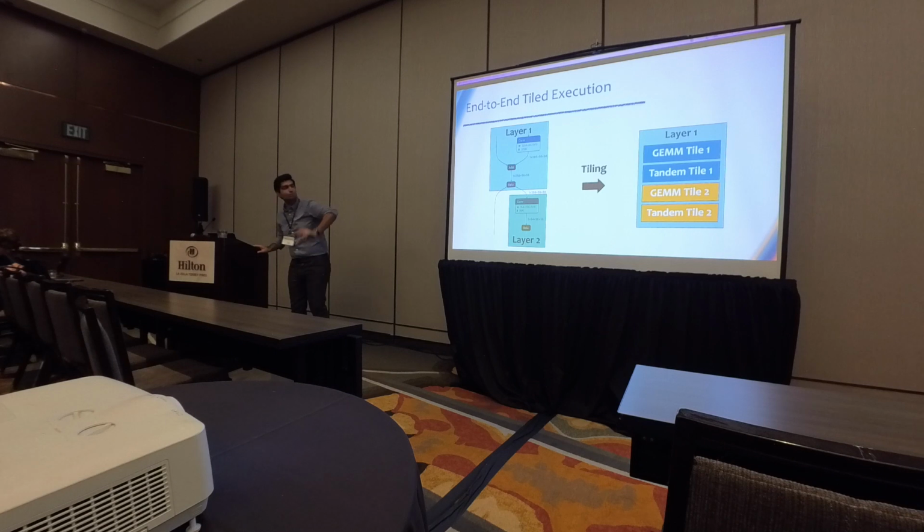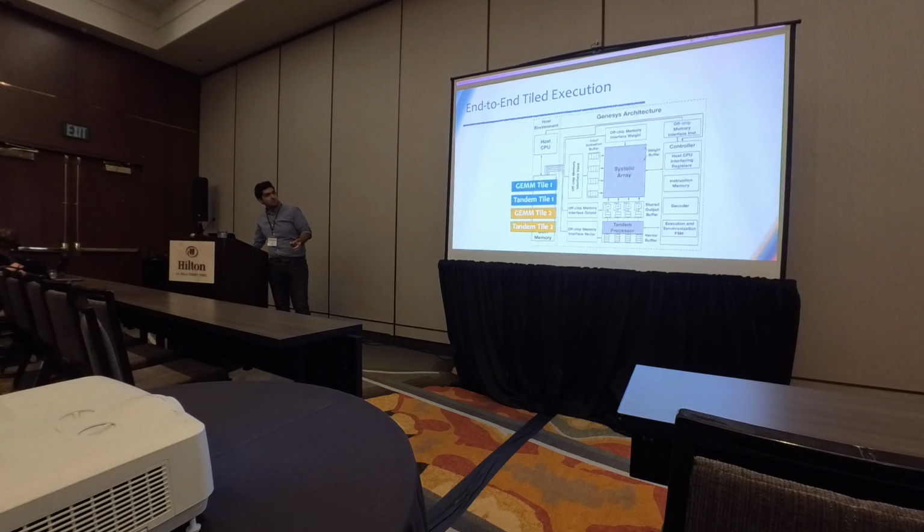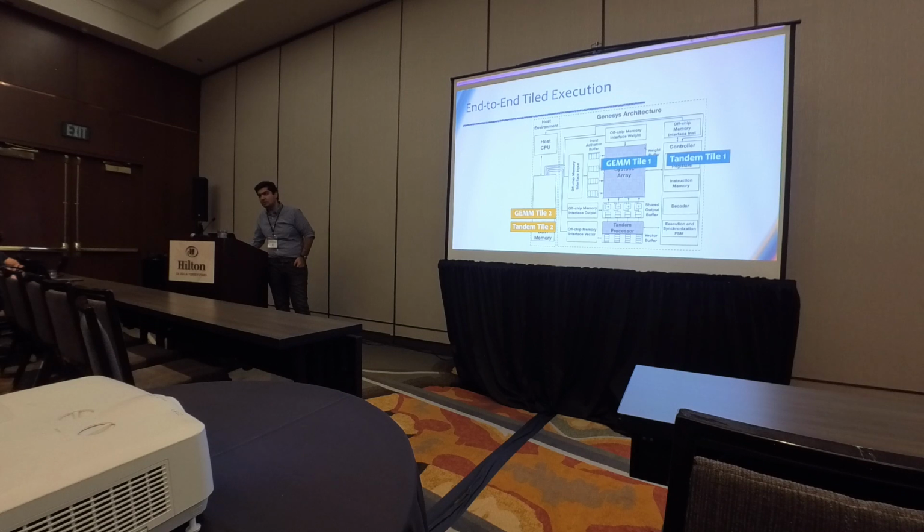Let's say you have 2 tiles of GEMM and 2 tiles of non-GEMM operation. You load a tile of data, and the systolic array starts computing on that tile. While it's computing, you start fetching the data the Tandem processor needs from the off-chip memory. The systolic array finishes and stores its result on the output buffer.